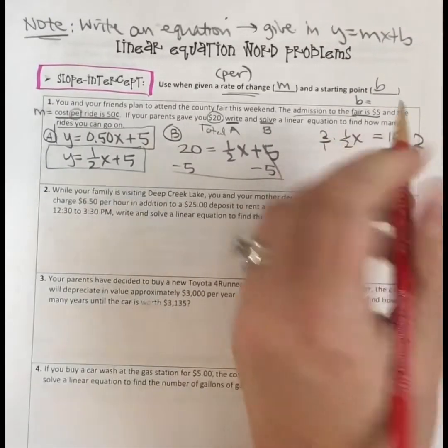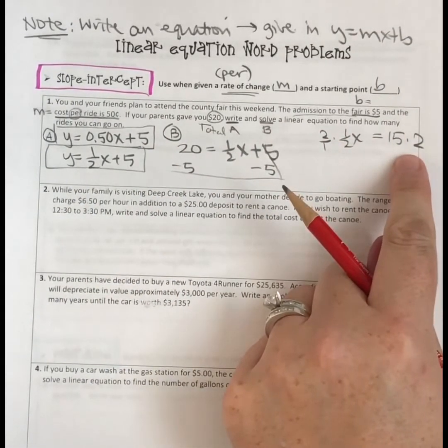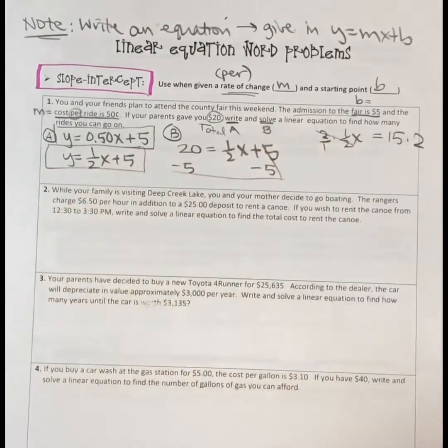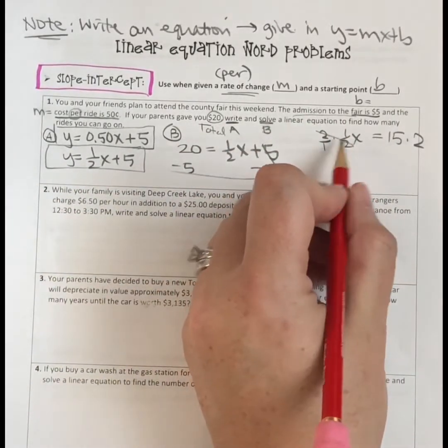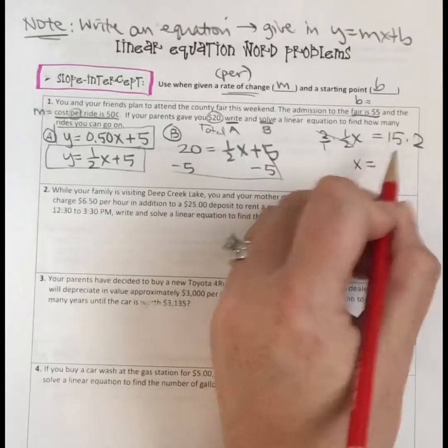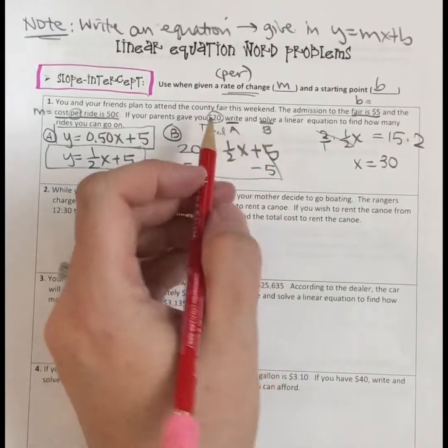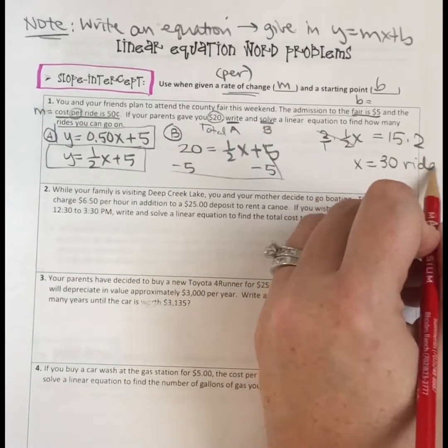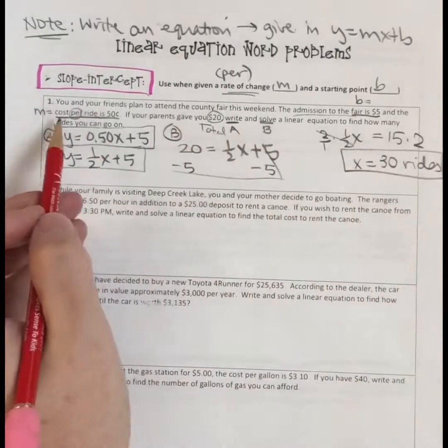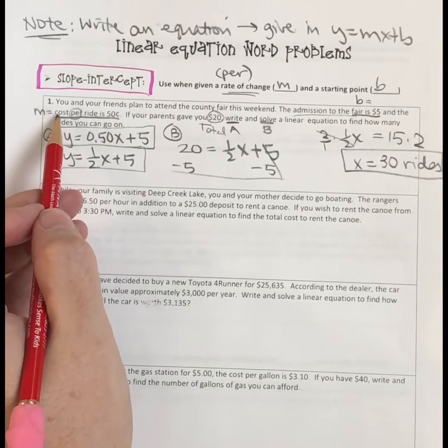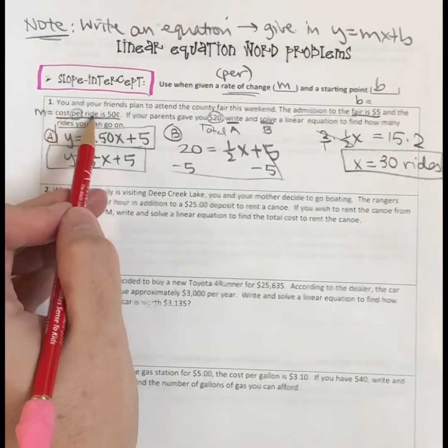On the right-hand side, we don't need the fraction. Over here, the 2's divide out, and you get 1 over 1x, which is just x, equals 30. And since it's how many rides, it's 30 rides. Another way you can think of it: see how it says for your slope, the cost per ride?